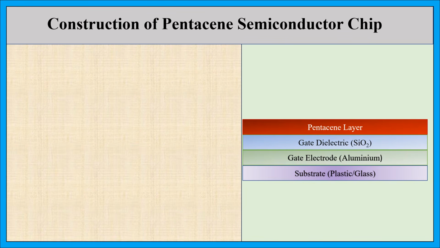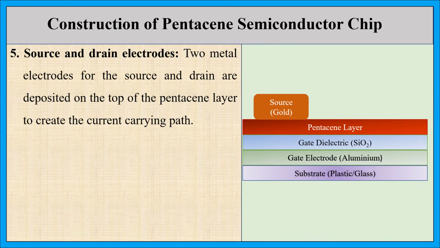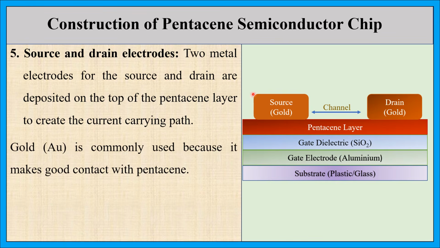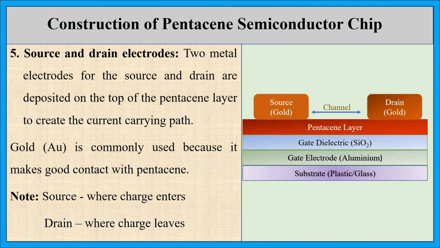So after the pentacene layer, 2 metal electrodes, that is for source and drain, are deposited on the top of the pentacene layer to create the current carrying path. In source, the charge enters and in the drain, the charge leaves. Usually, gold electrodes are used for source as well as for drain because it makes a good contact with the pentacene layer. So this is a schematic representation of our pentacene semiconductor chip.